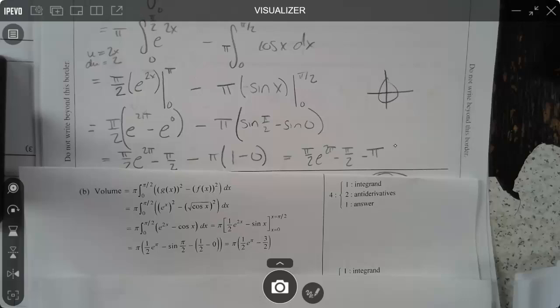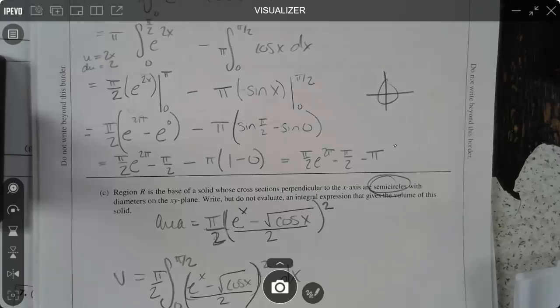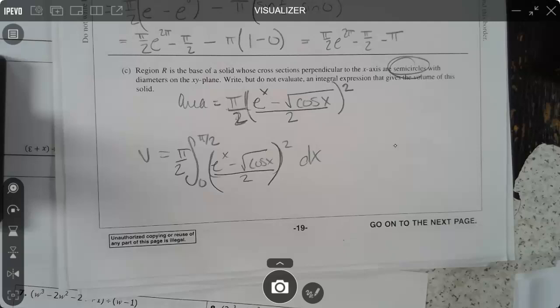There's their solutions if you want to see what they did. All right, part C. That one was part C, 2.